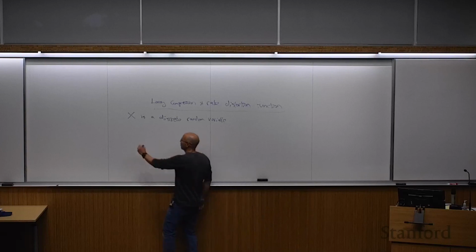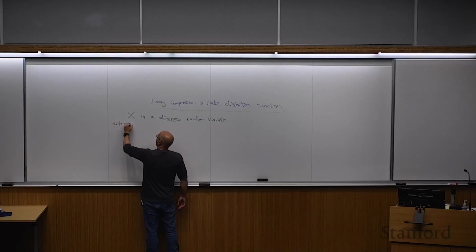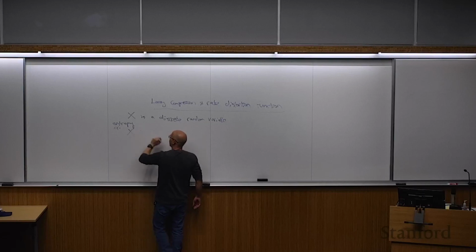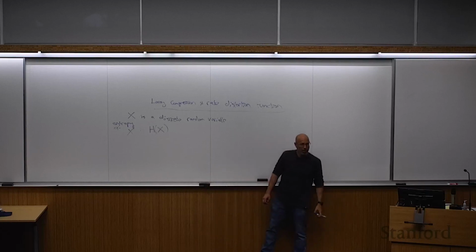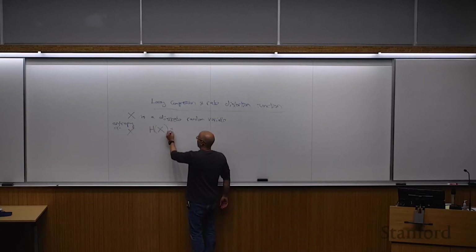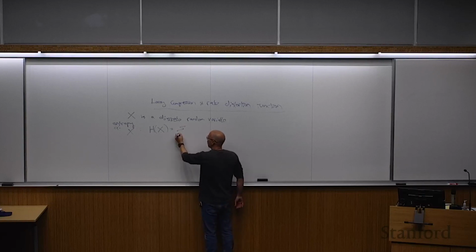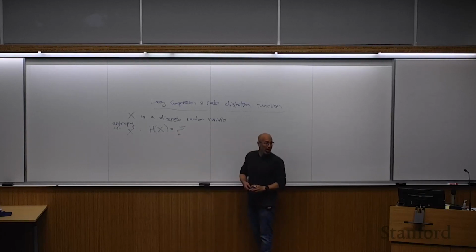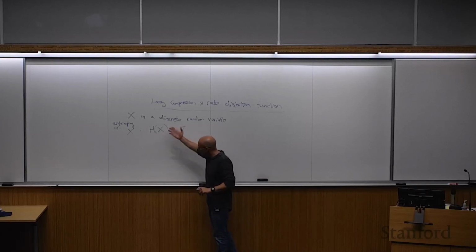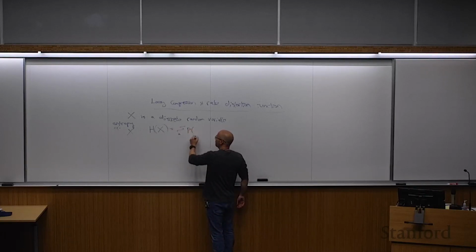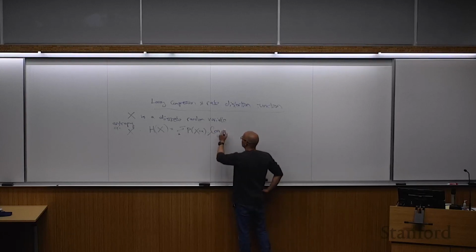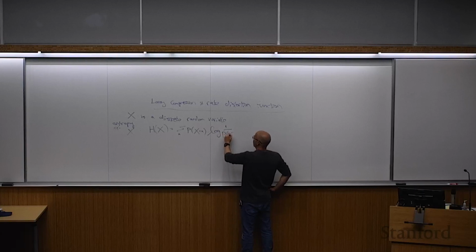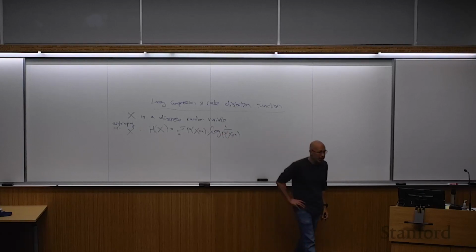So we can talk about the entropy of X, which we denoted by H(X), and that was defined to be the sum over all the possible values small x that this random object can take, the probability that it takes that value times log, by default base 2, of 1 over the probability that it assumes that value, summed up over all the values.